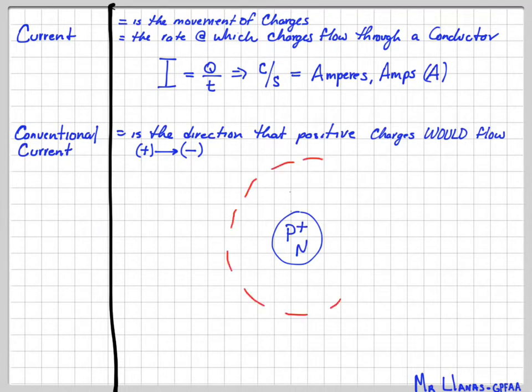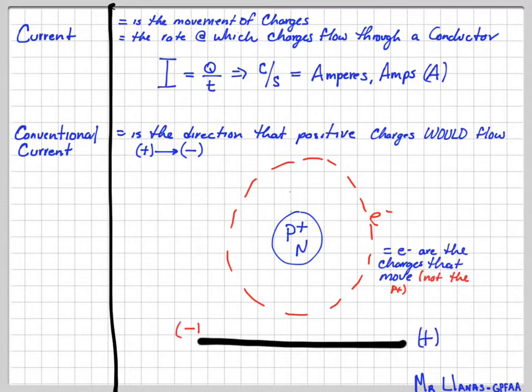Now, from the Bohr model, we know that the charge that actually moves is the negative, not the positive, so you would think the current would go from the negative side to the positive side. But because of Mr. Ampere and the convention of our current, we're going to stick with the idea that current flows from the positive to the negative side of the battery. The electrons are the charges that move, not the protons. Again, conventional current just says you go from positive to negative.